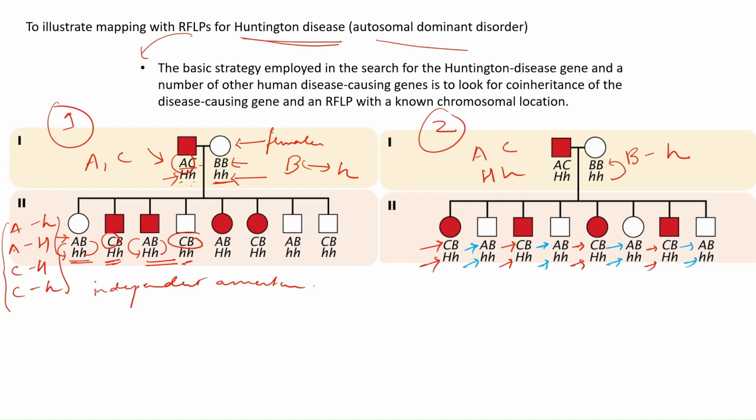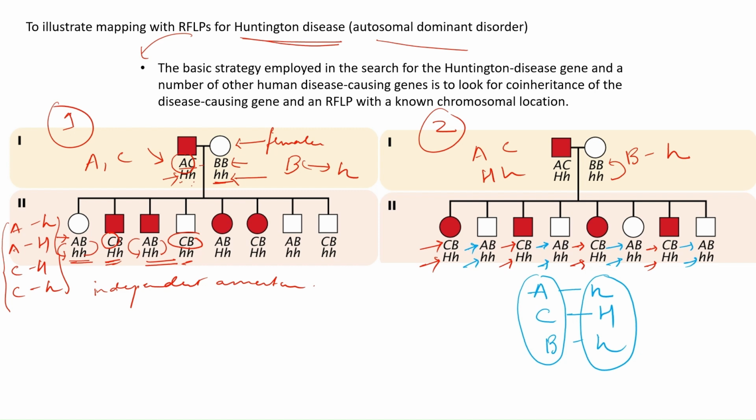That means here we can clearly say that gene A is linked with small h allele, whereas gene C is linked with capital H allele and gene B is also linked with small h allele. So here the RFLP pattern of the gene is linked with the particular disease.